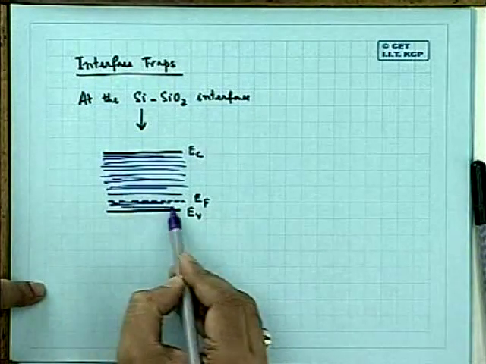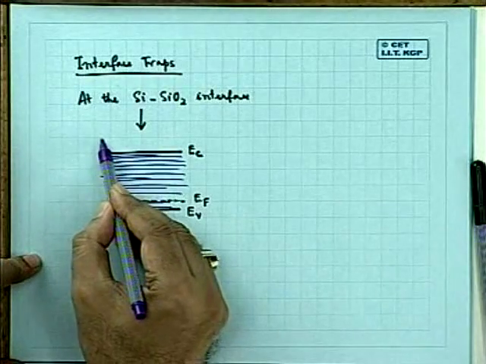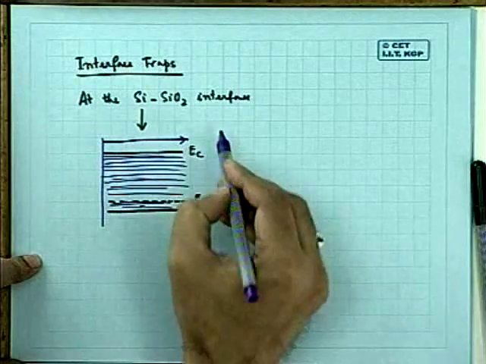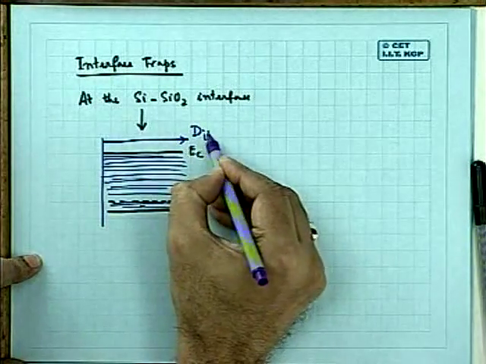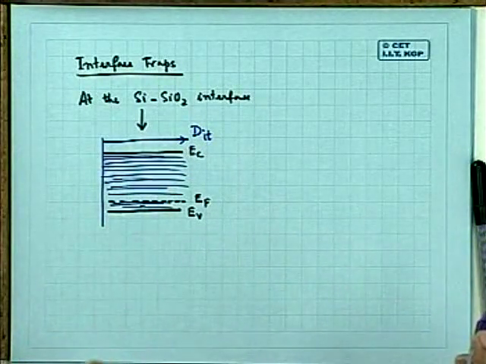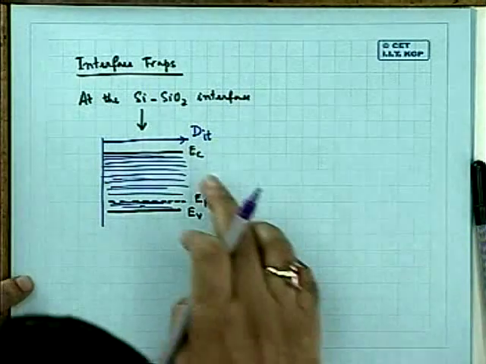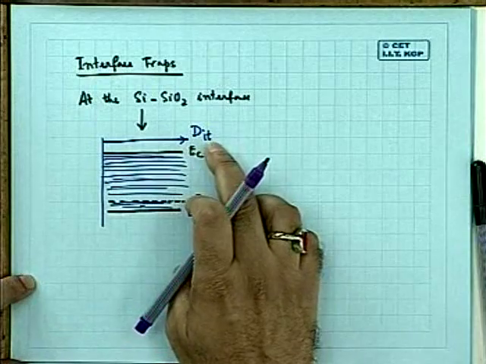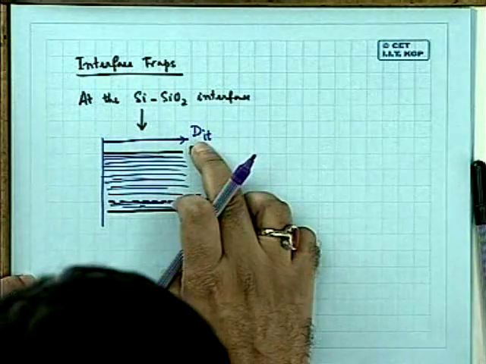So there will be many energy states like this here. And this energy state density, which is the corresponding plot of DIT. DIT is called density of states, interface states. IT stands for interface trapped charges. IT, interface trapped.